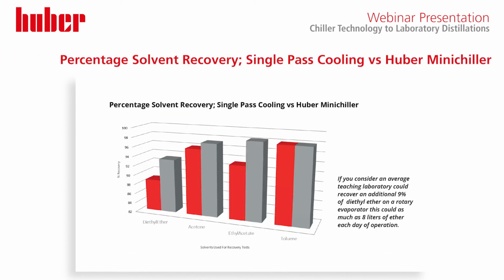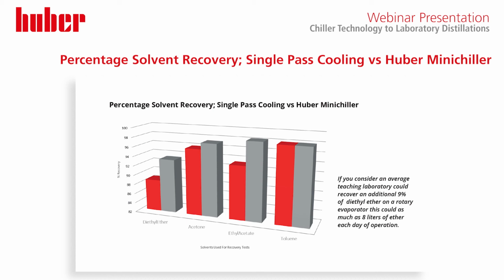So if we dial in a bit closer and we look at low boiling versus high boiling solvents, obviously we've got diethyl ether, we get a higher recovery for the mini chiller cooling the system, the same for acetone, the same for ethyl acetate.